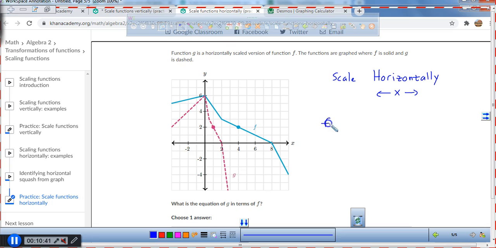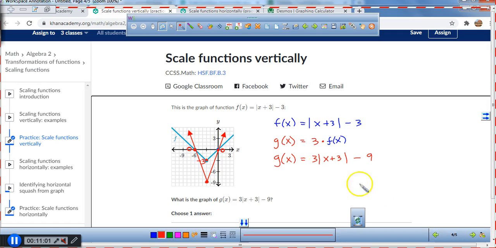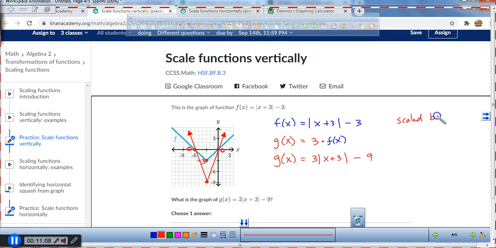So if we have a function f of x, and I want to scale things horizontally, it's going to be f of b times x, where b is what's going to be multiplied to the x. So vertically is very, very easy. If I have a number on the outside, just like we had 3, this would be considered scaled vertically by a factor of 3.